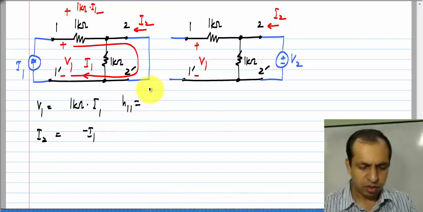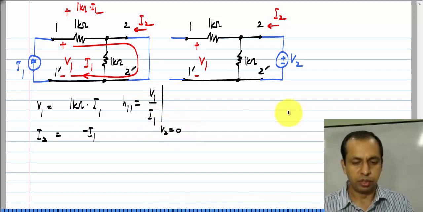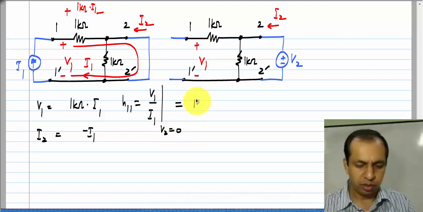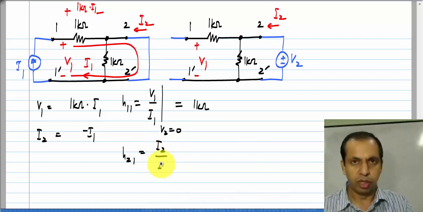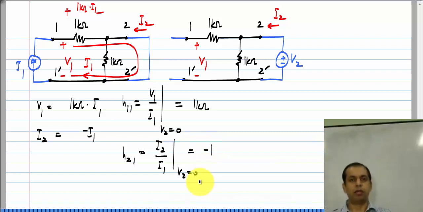H 11 is V 1 by I 1 with V 2 set to 0, which comes out to be 1 kilo ohms, and H 21 which is I 2 by I 1 with V 2 set to 0, and this comes out to be minus 1. So, you can see that H 11 has dimensions of resistance and H 21 is dimensionless. It is the current gain from port 1 to port 2.